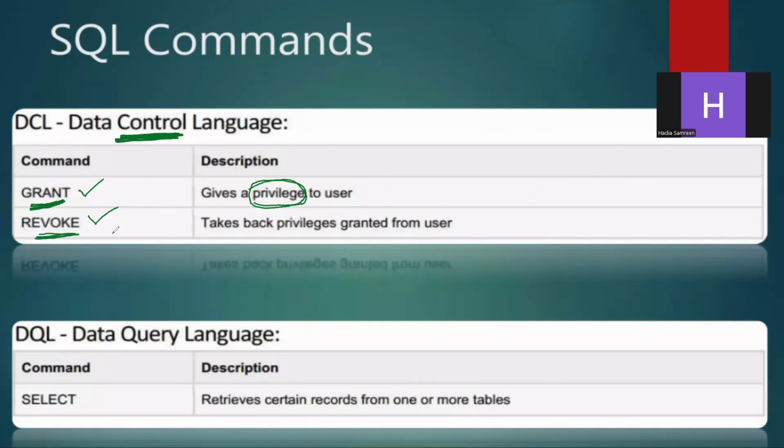Revoke means when the privileges or access were already granted to the user, we try to take them back. So we will take back the privileges from the user using the revoke command. There are so many more. We are only learning it in brief.